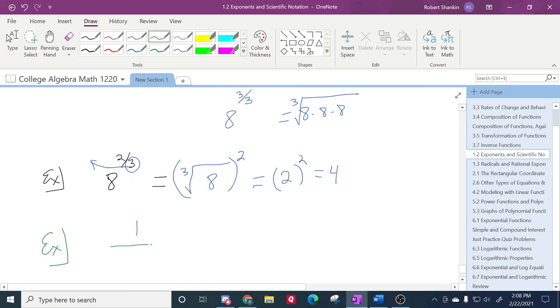1 divided by 1/8. Not only do I want you to get an answer, but I want you to show how you're getting your answer and why the answer is what it is, and put that into your group chat.